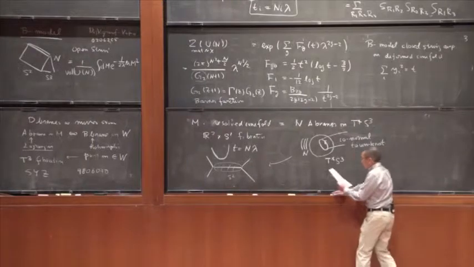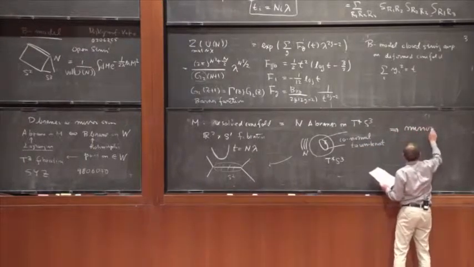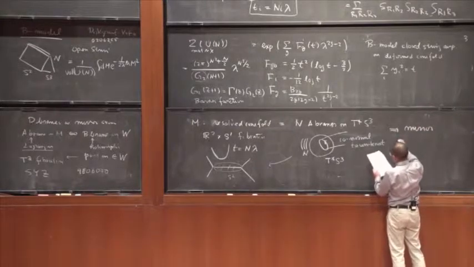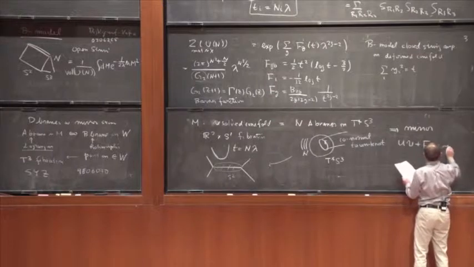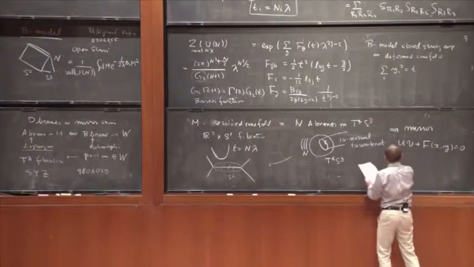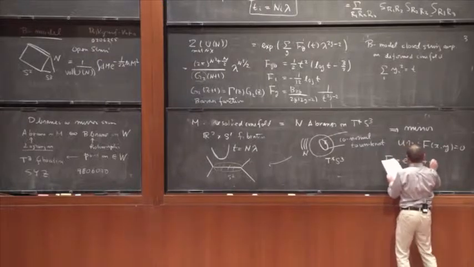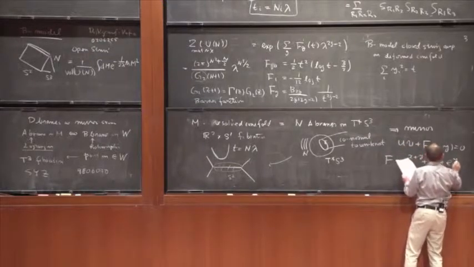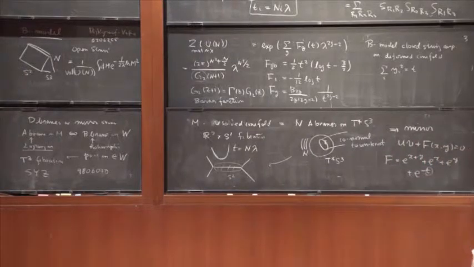And then you can derive that the mirror should be equal to the following geometry, where this function f is given by this, where this t is a Kähler modulus.